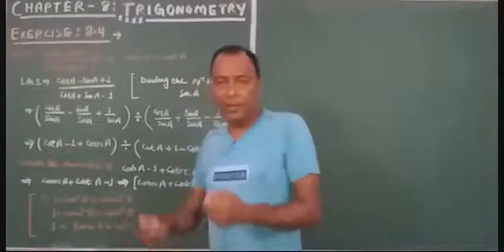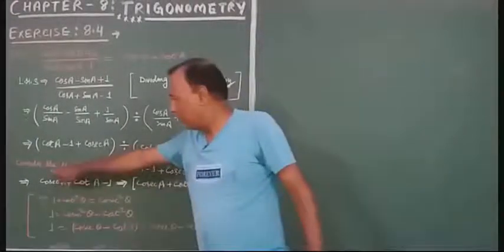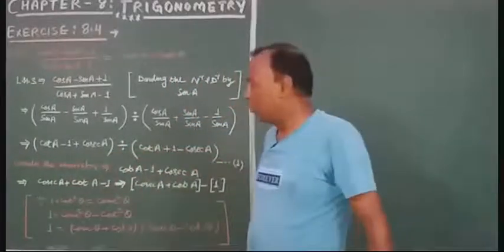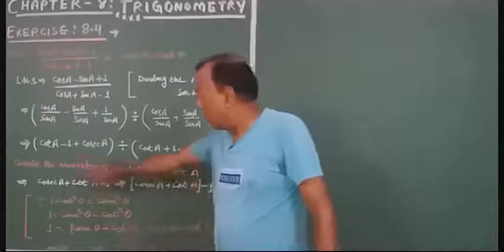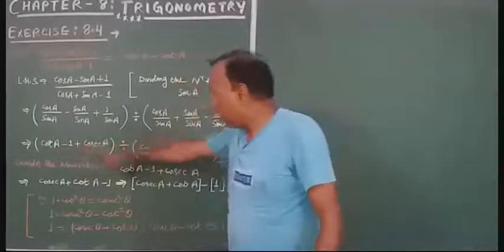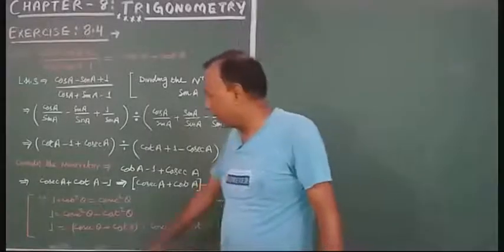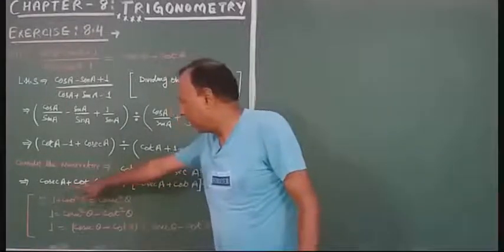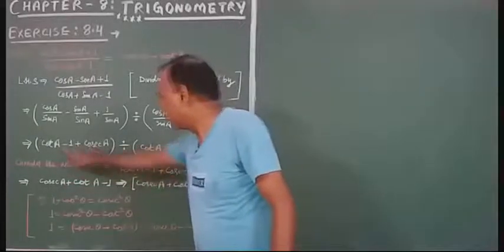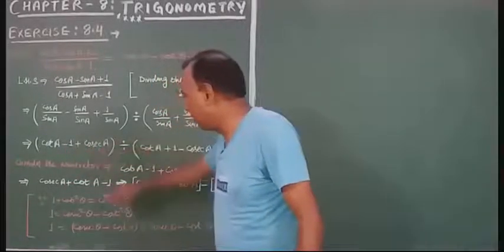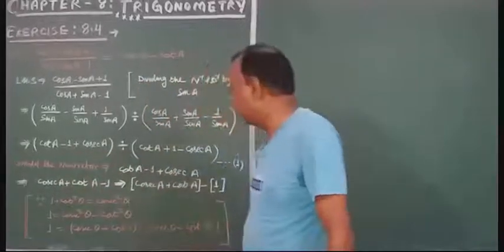Now just consider the numerator. You can also choose the denominator. So this is your numerator: cot A minus 1 plus cosec A. We can write this as cosec A plus cot A minus 1.